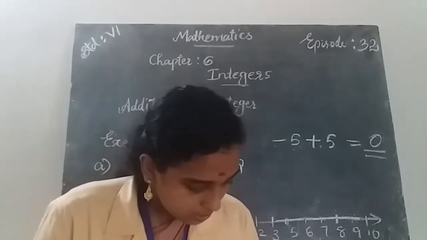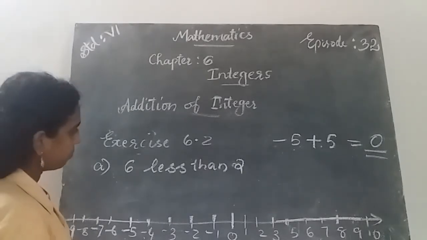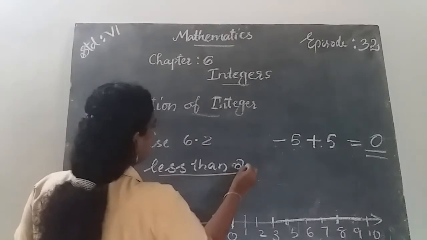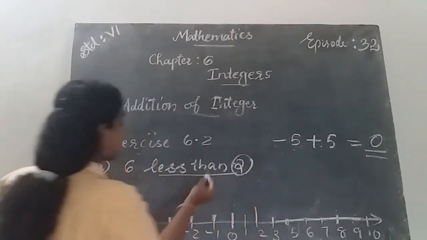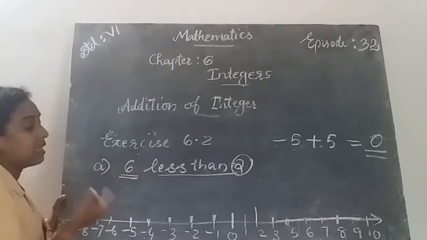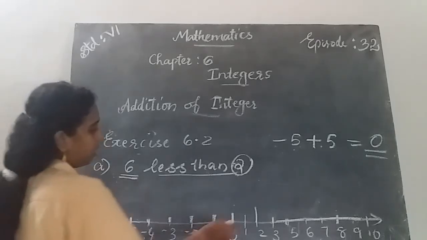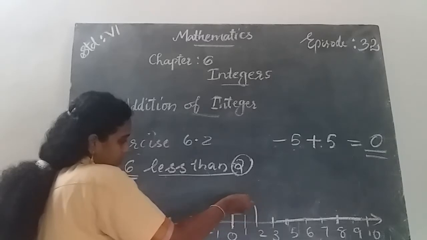So 6 less than 2: we start from positive 2, and 6 less than 2 means we move towards the left direction from 2, which means subtraction.